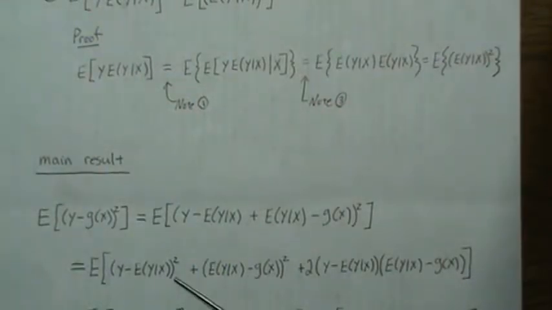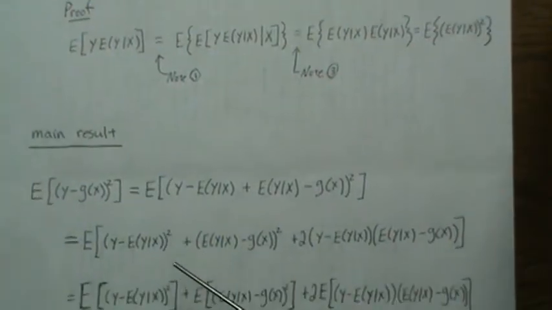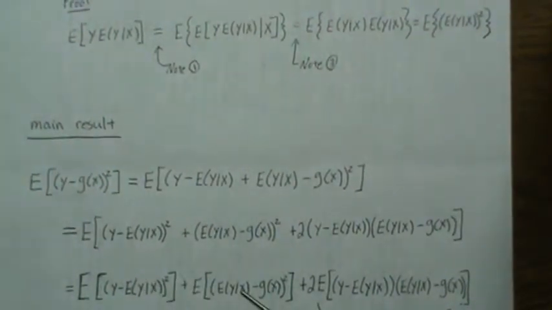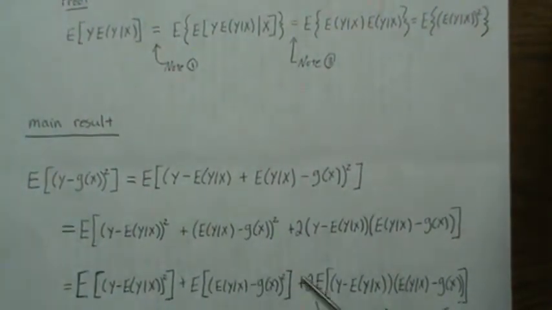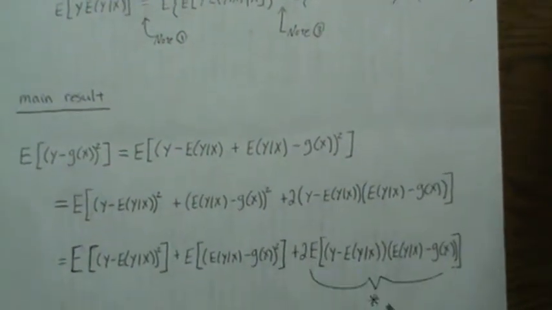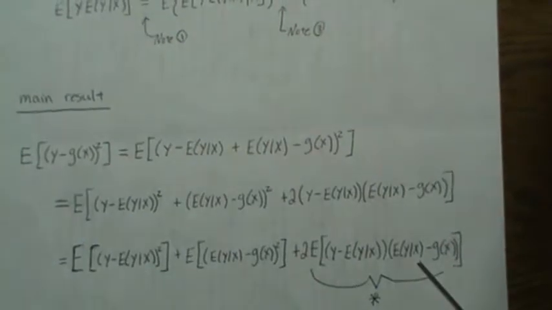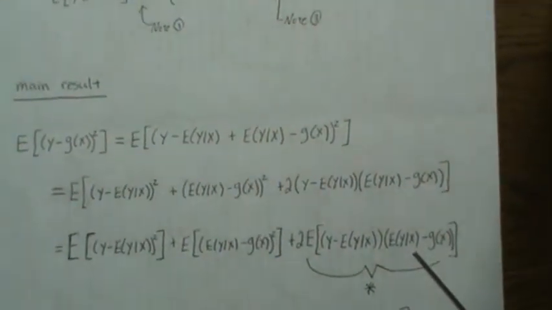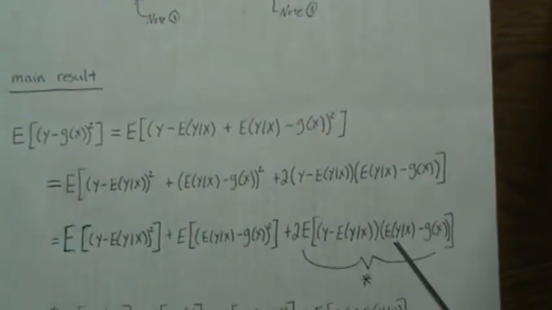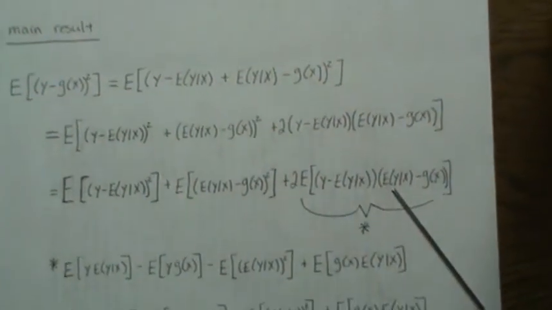We want to take the expected value of the expression. So we get the expected value of this plus the expected value of this plus 2 times the expected value of this. But let's look at this piece right here. And so what I want to do is multiply this out. So this times that, and then take expected value.